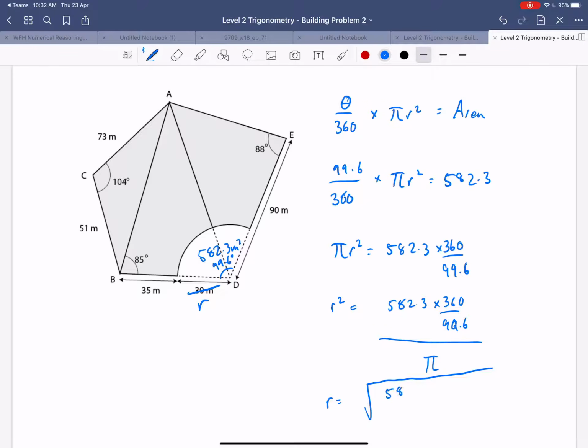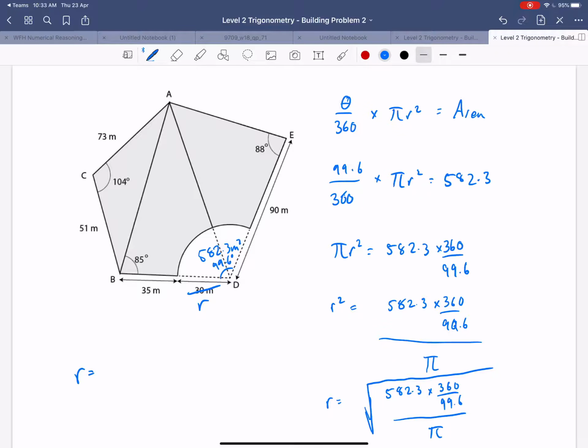So 582.3 times 360 over 99.6, all divided by pi. Okay? So that gives me an r. Square root fraction.